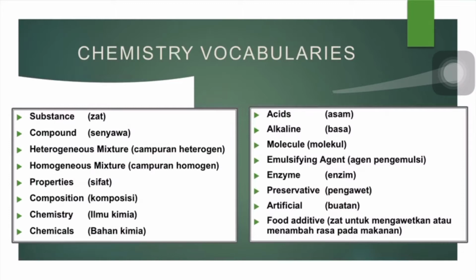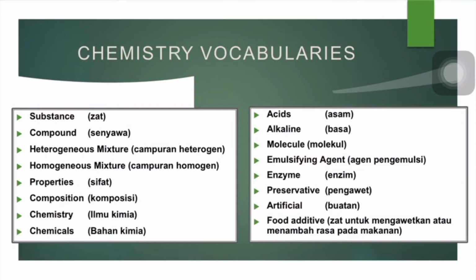And the next block is acids. Acids means asam, and alkaline. Alkaline means basa. And then molecule. Then emulsifying agent. Emulsifying agent means agen pengemulsi, which is contained in soap.